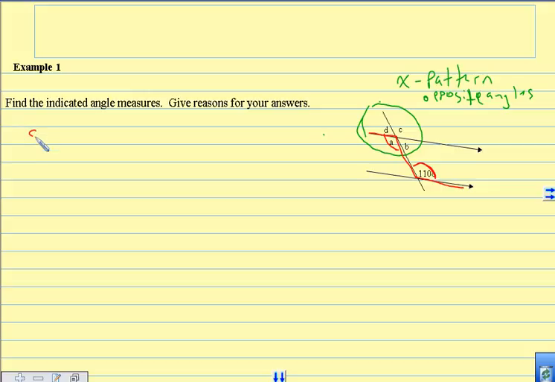So A equals 110 degrees by the alternate angle theorem, because it's an alternate angle, or the Z rule.